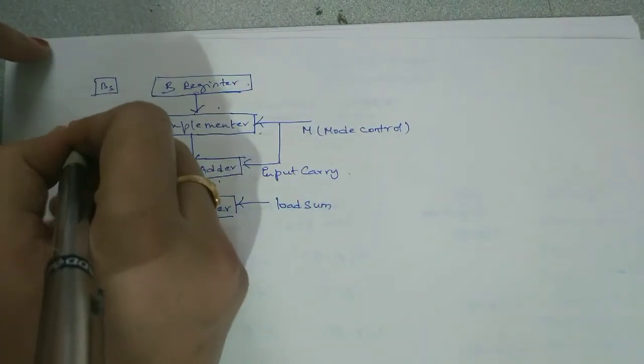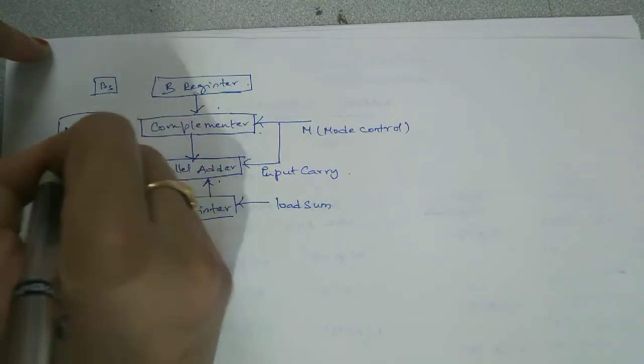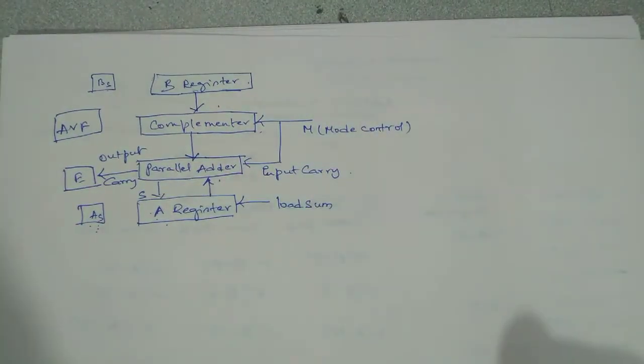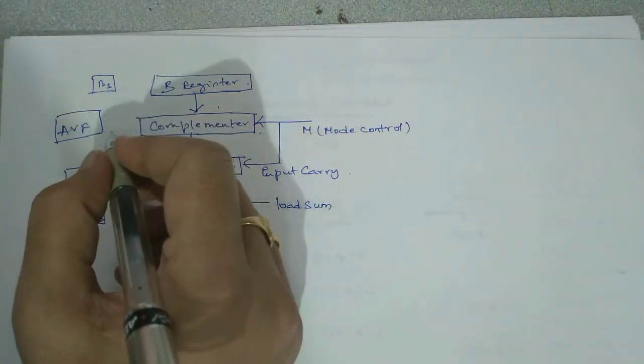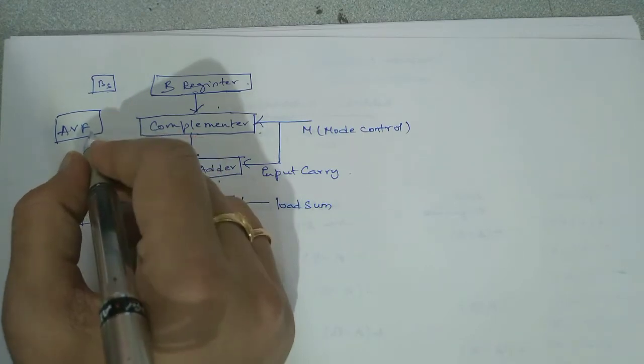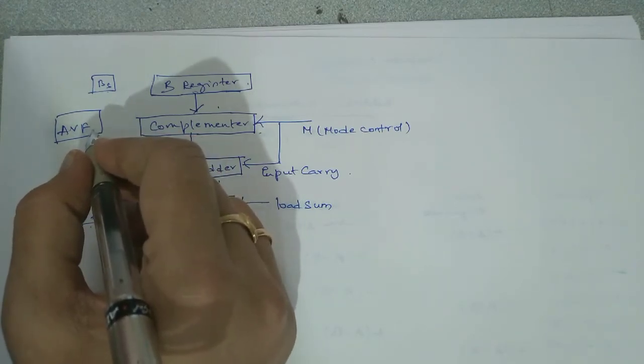AVF is the add overflow flip-flop. This will hold the overflow bit when A and B are added.